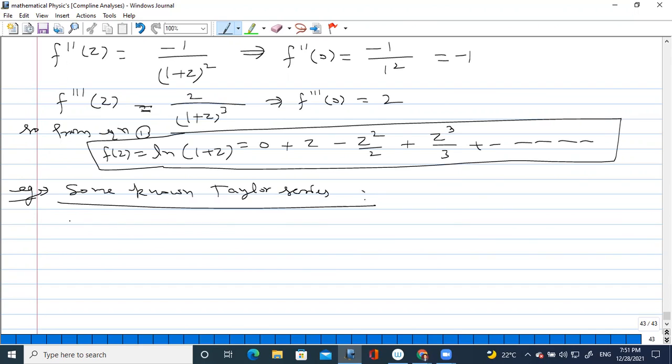You can apply Maclaurin. Okay. Suppose f(z) equal to e to the power z. So the answer you already know: 1 plus z plus z square by factorial 2 and plus dot dot dot. So you can apply that, f(z) is e to the power z.